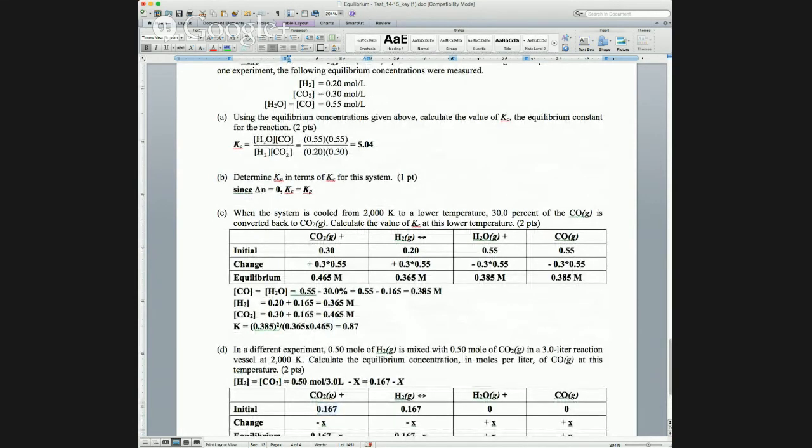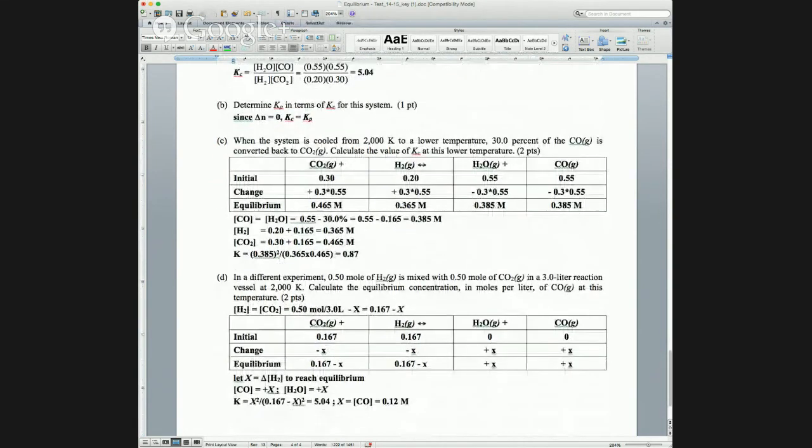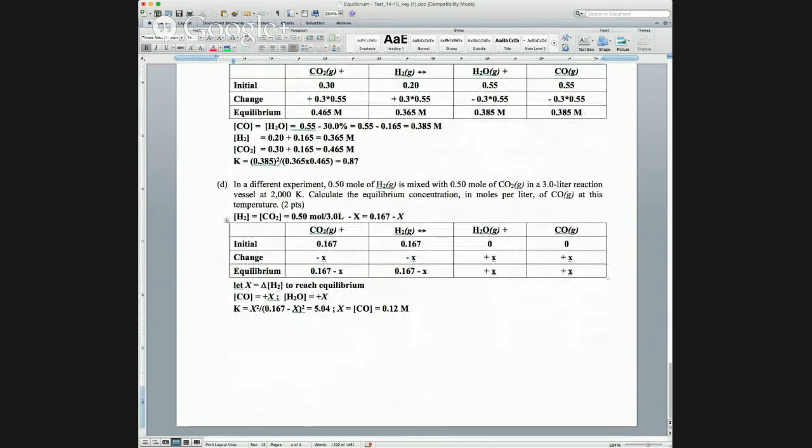It's actually a very sizable K. So with that being the case, you cannot make the X negligible in the 0.167 minus X. It must be taken into consideration, which isn't too bad because it's just X squared over 0.167 minus X, also squared. And so what I would do is take the 5.04 and square root that.